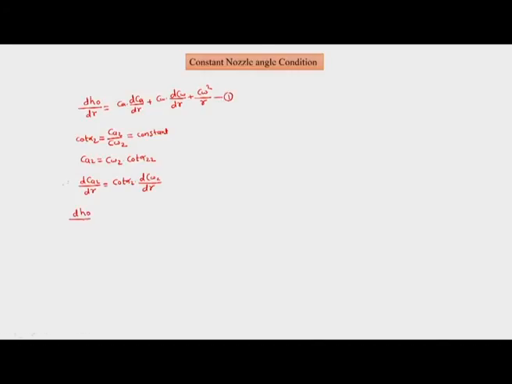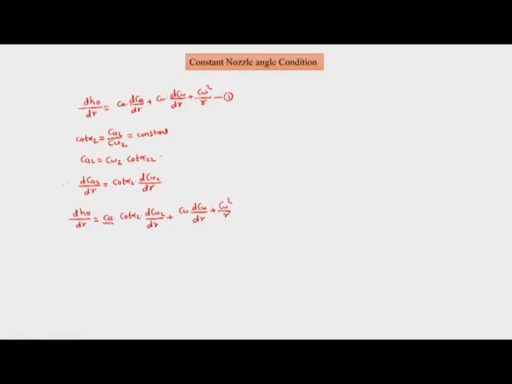So we would have dH0 by dr. This expression we had earlier proved in case of the axial compressor. So cot alpha 2 into dCw2 by dr plus Cw into dCw by dr plus Cw square upon r.